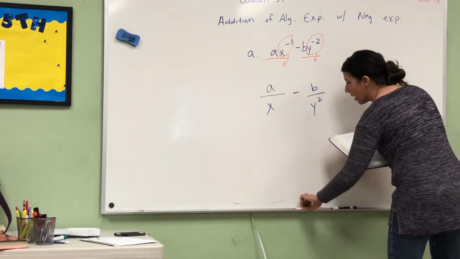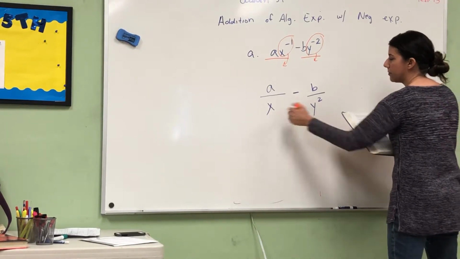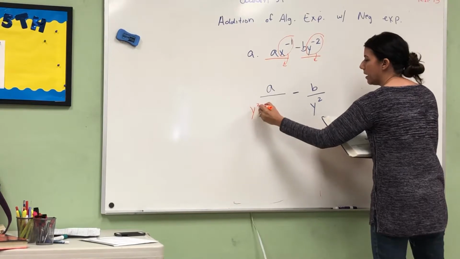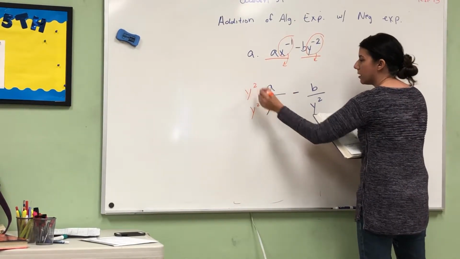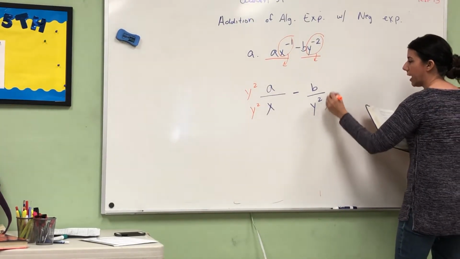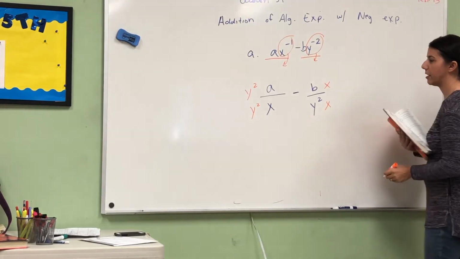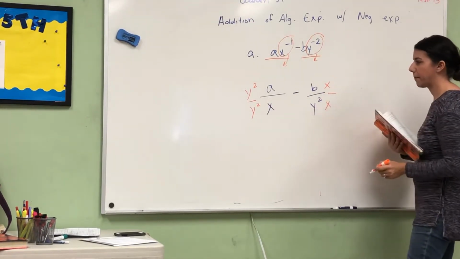Well, okay, what is this one lacking? A y squared, right? Whatever you do to the denominator, you have to do to the numerator. What does this one need now? An x. Again, whatever you do to the denominator, you have to do to the numerator, and by do I mean multiply.